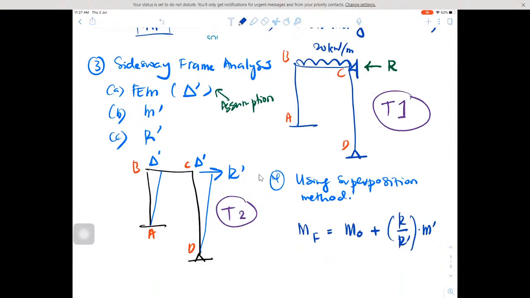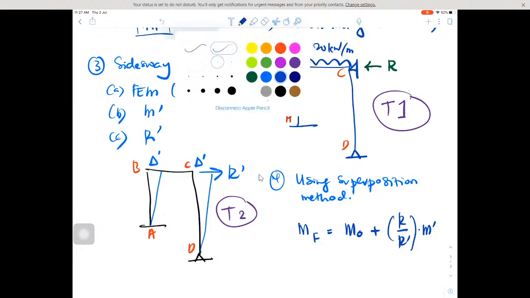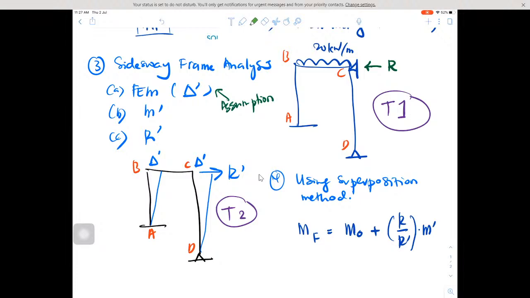So basically this is the step that we need to do. So how do we get this equation?